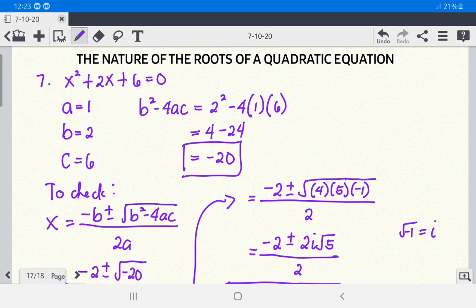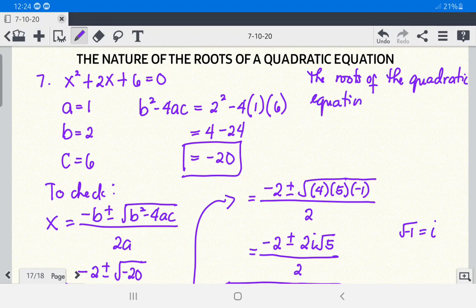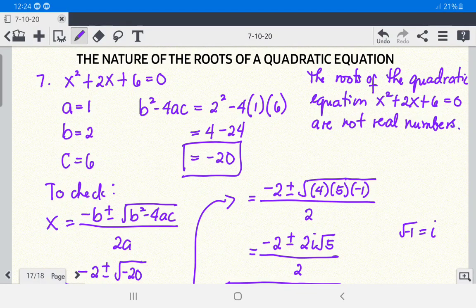So here, since the discriminant is negative 20, which is less than 0, we can say that the roots of the quadratic equation x squared plus 2x plus 6 equals 0 are not real numbers. Or simply you can say that it has no real solutions.